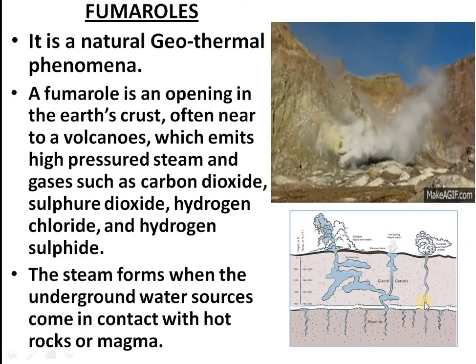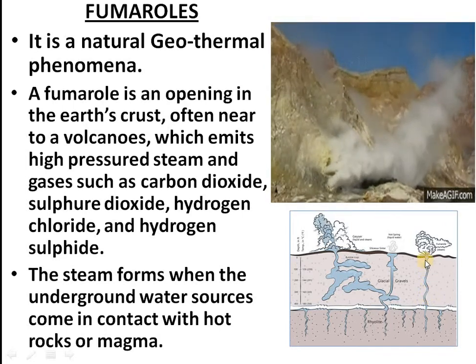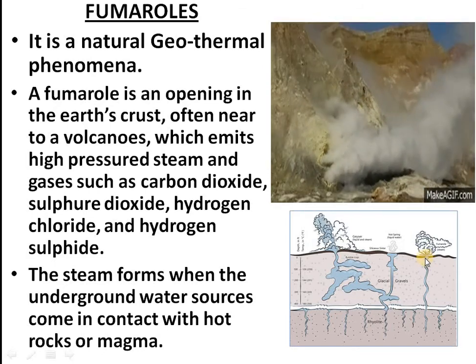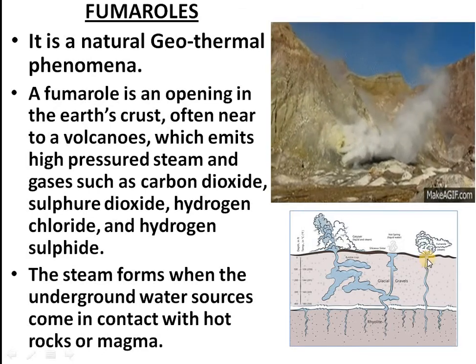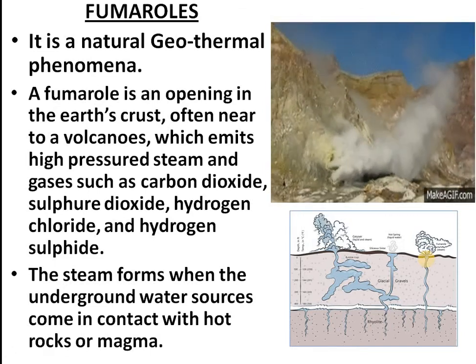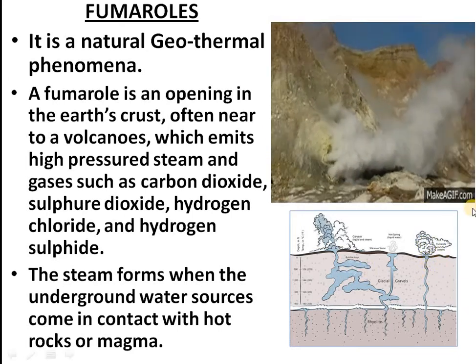So the steam exists under high pressure for millions of years. Due to high pressure, some opening may develop on the earth crust. Through that opening, this high pressure steam comes out along with a mixture of carbon dioxide, sulfur dioxide and so on. That is what we call a fumarole.